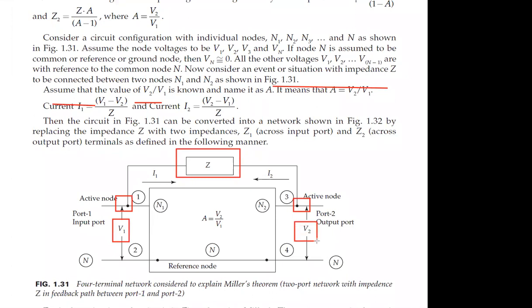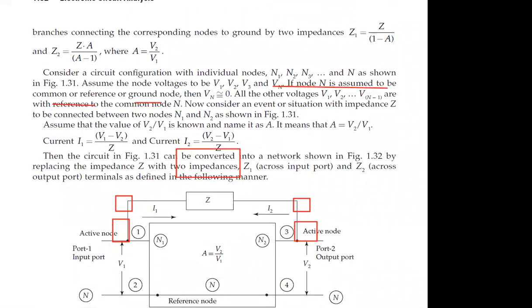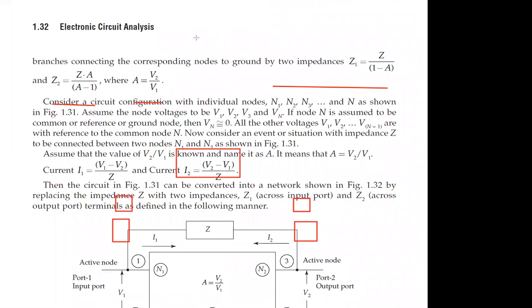If Z is connected between the input and output, then it can be replaced with two independent impedances: Z is transformed to the input side and to the output side. That is, Z is divided into two parts, which we call Z1 and Z2.